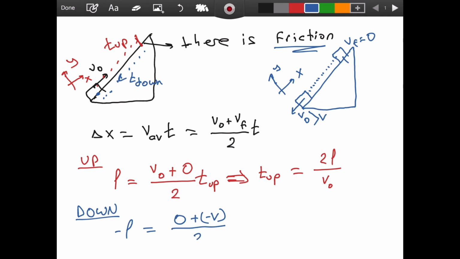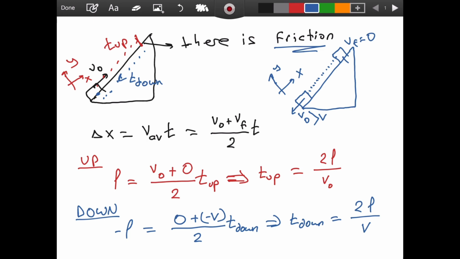We divide by 2 and we have t, specifically t down. So if we solve for t down now, we get that t down is equal to 2L divided by the velocity we have. All right?